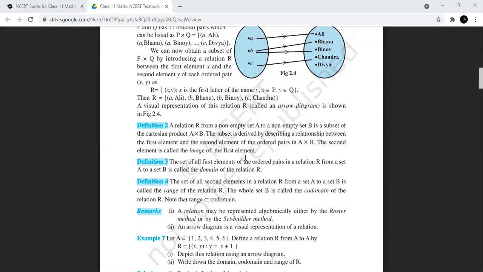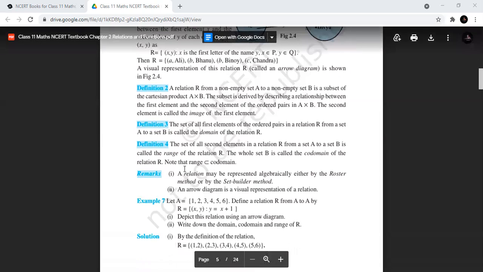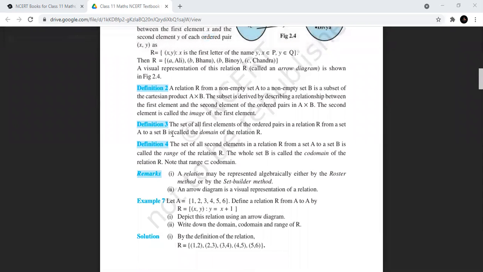So when there is a relationship between x and y of that ordered pair, then that collection of such ordered pairs is said to be a relation. That will be more clear, and we'll first go through these various definitions.